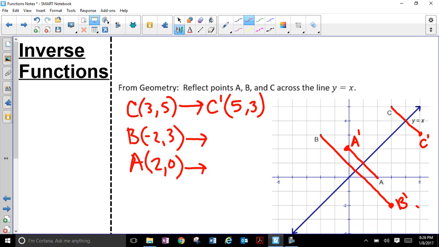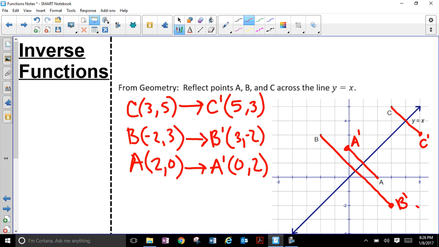There we go. Okay. B prime is now at 1, 2, 3, -2. So B prime is at 3, -2, and A prime was at 0, 2. So what do you notice happened going from C to C prime, B to B prime, and A to A prime?